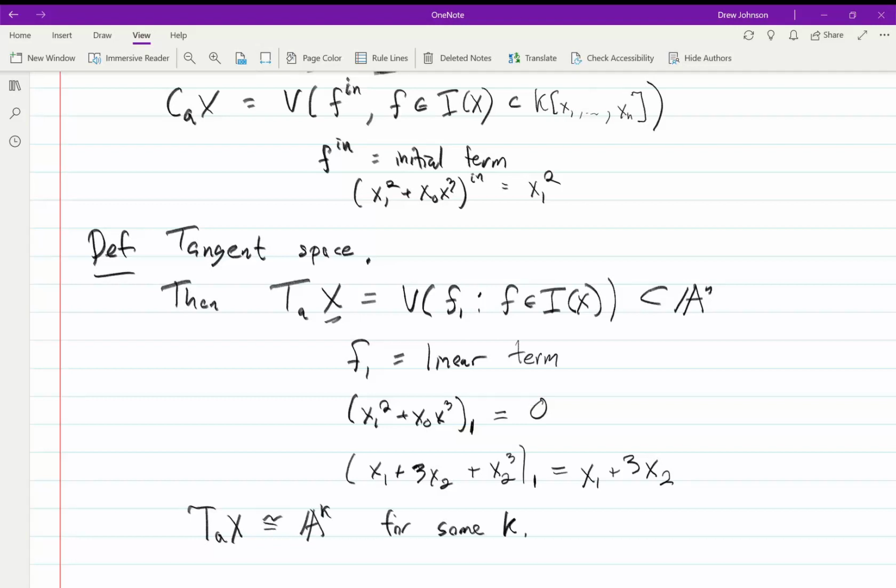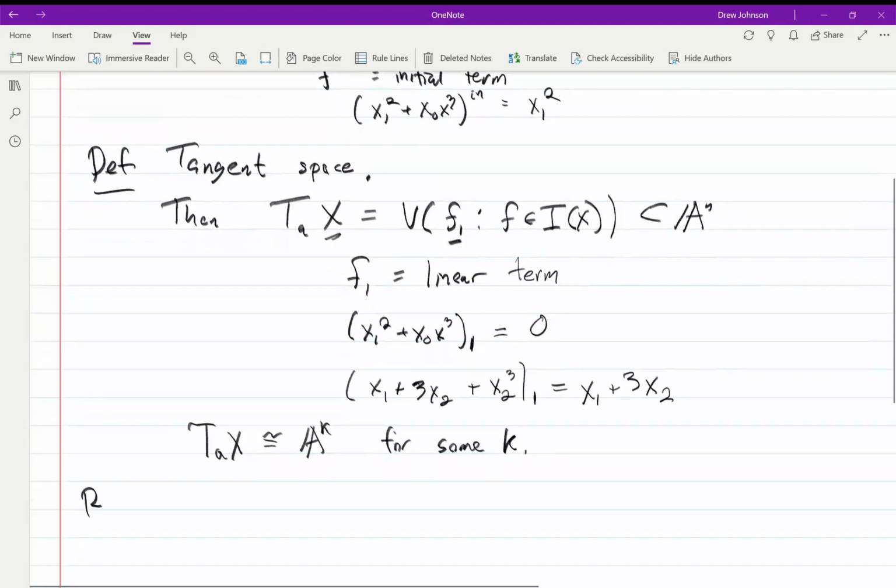Or in other words, you can think of that tangent space as a vector space. Why is that? It's because it's the vanishing of just linear polynomials. I think we talked about that very early in the class, that if you had the vanishing of some linear polynomials in an affine space, that will be isomorphic to an affine space.